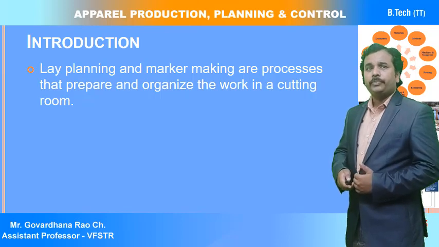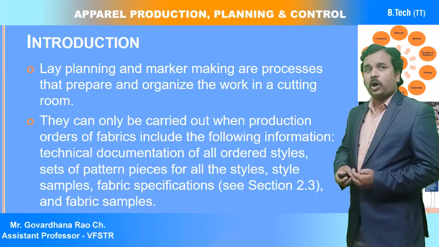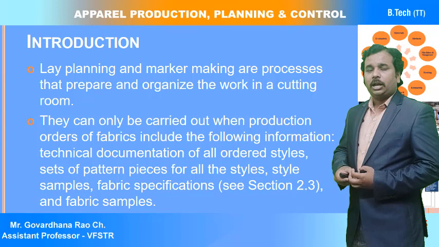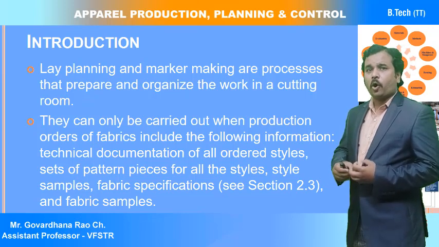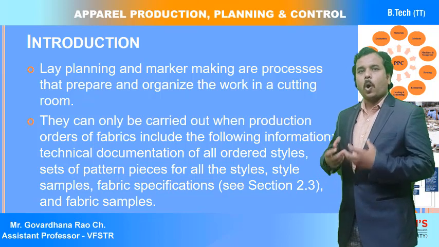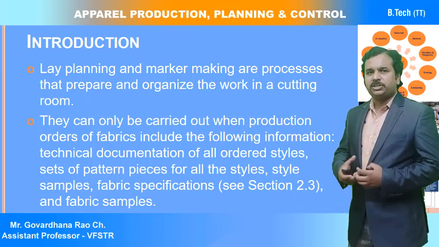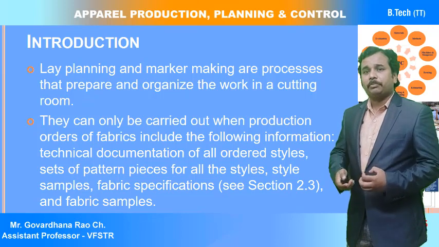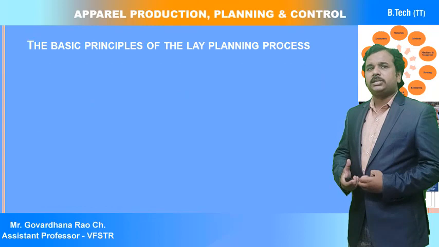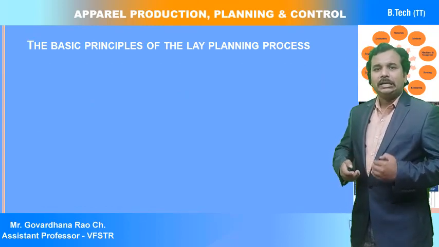These can only be carried out when production orders of the fabric include the following information: technical documentation of all order styles, sets of pattern pieces for all the styles, style samples, fabric specifications, and fabric samples.